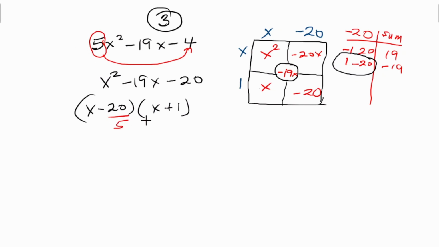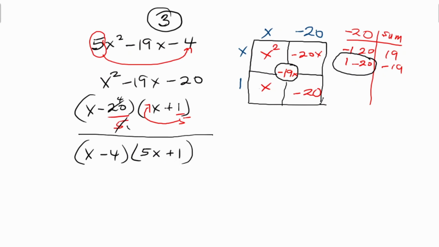So 5 divided by 5. 5 goes here 1, goes here 4. So this gives us x minus 4. And then since this cannot give us a whole number, we slide the 5 to the front of the x, and that gives us 5x plus 1, and that is our answer.